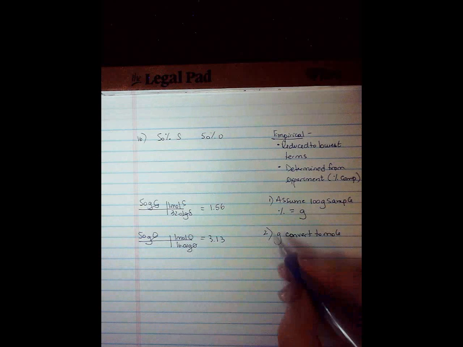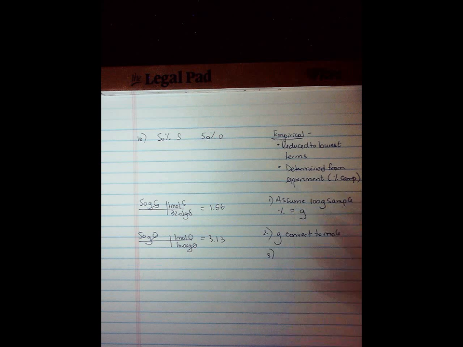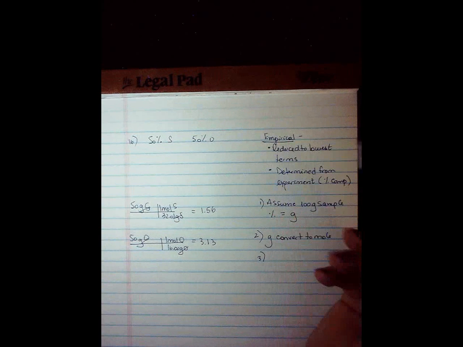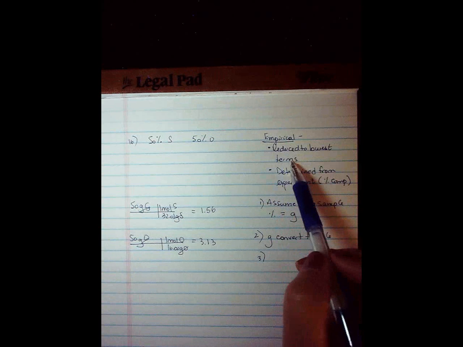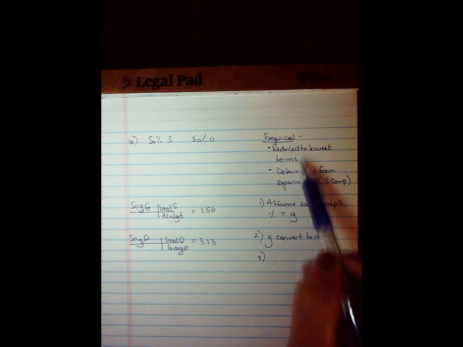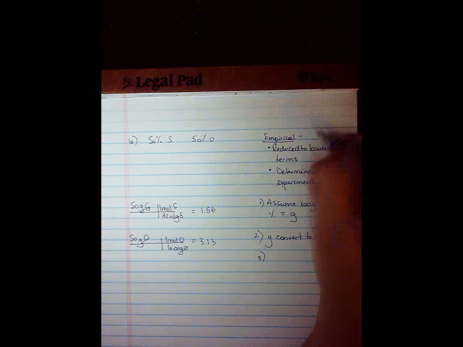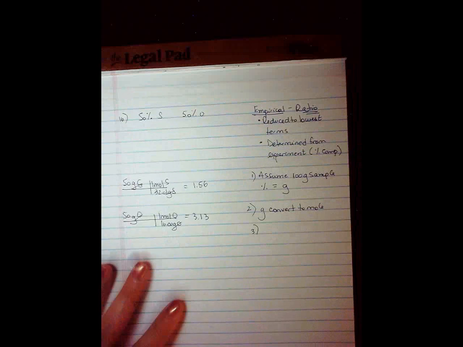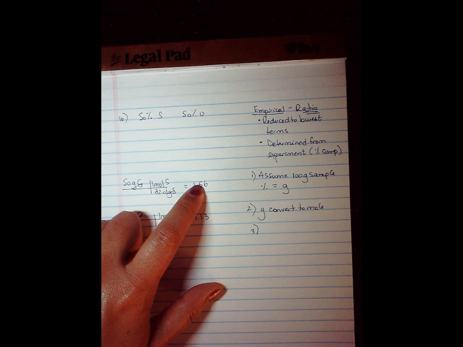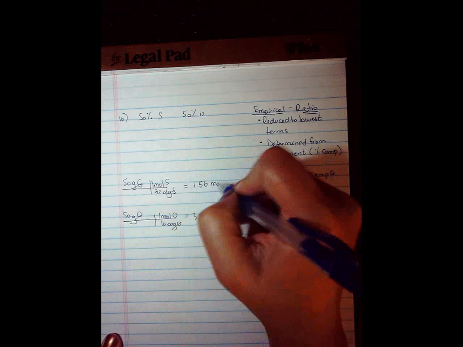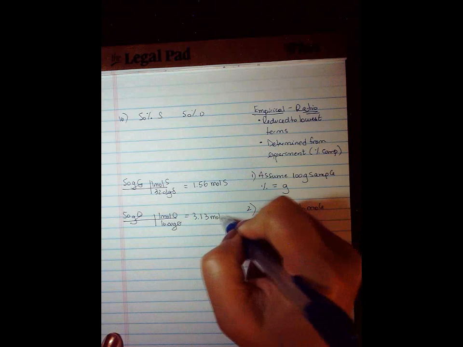Now, step 3. The empirical formula is basically a ratio of one atom to another reduced to lowest terms. So we need to figure out a ratio of this stuff, sulfur, to that stuff, oxygen, because this should be in moles of sulfur and this should be in moles of oxygen.